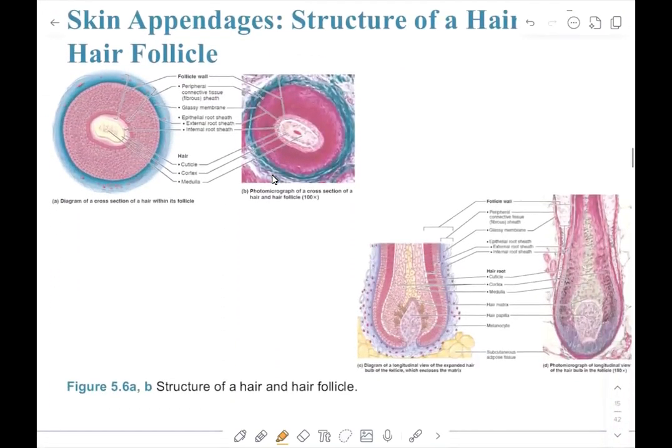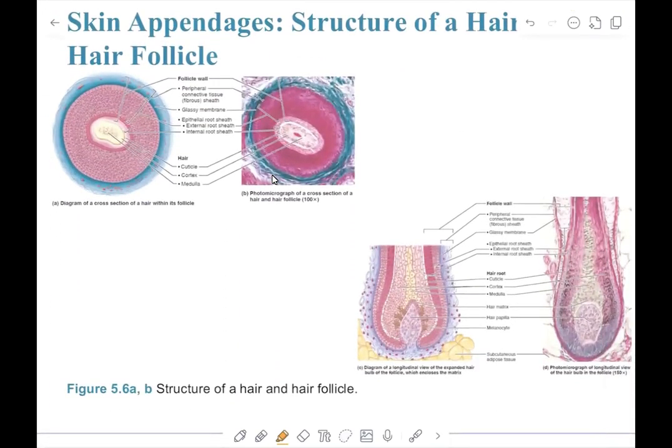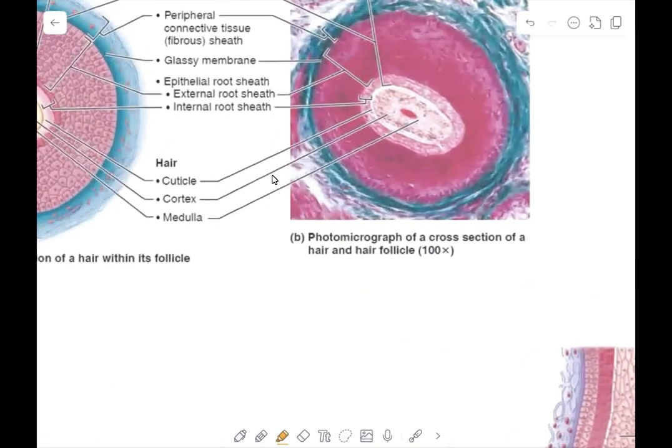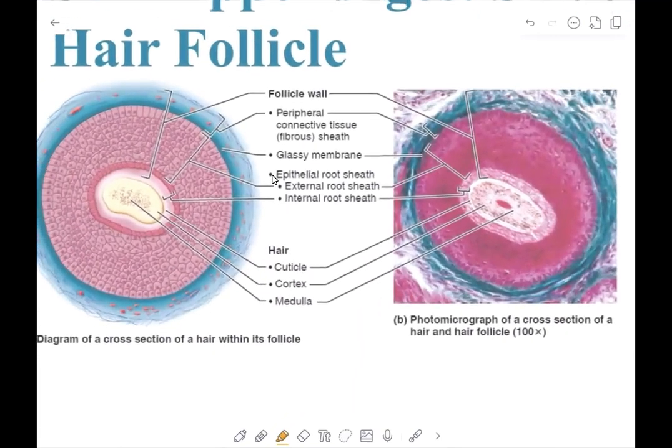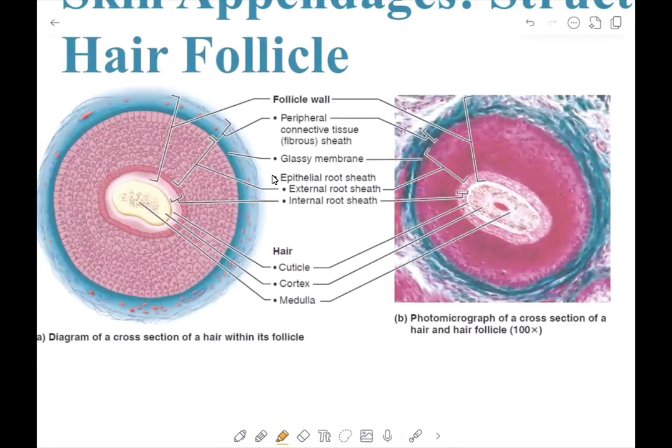So let's look at some images of the hair. Remember, the hair is technically defined as an organ because it has multiple types of tissues within it. So when we look at a cross section here of a hair follicle, what I want you to notice is we have those regions of the hair, the inner medulla, cortex, and cuticle.